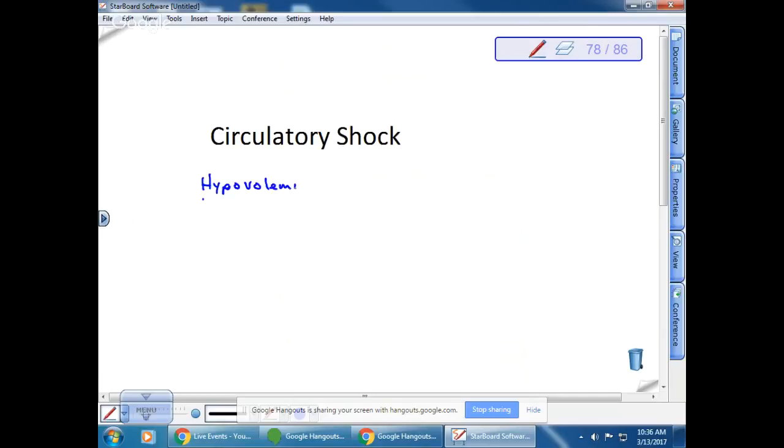So just think about this word, low volume, right? So this is due to loss of blood. And this can be due to external hemorrhaging, but it also could be due to internal hemorrhaging, right? So loss of blood. Okay.